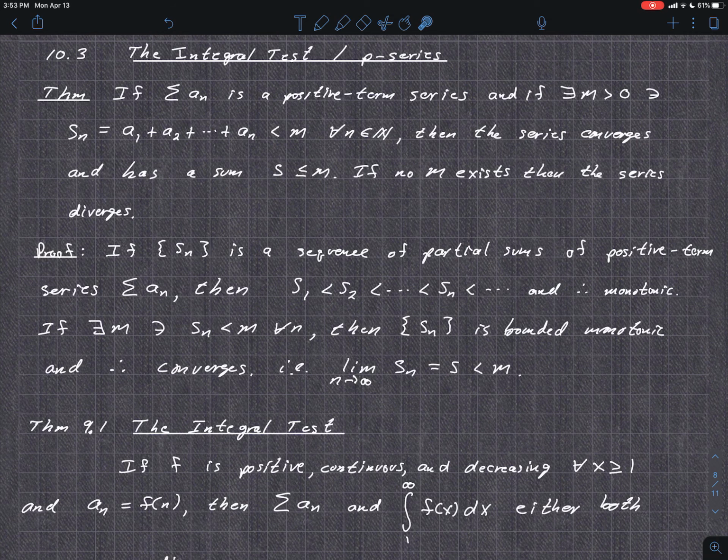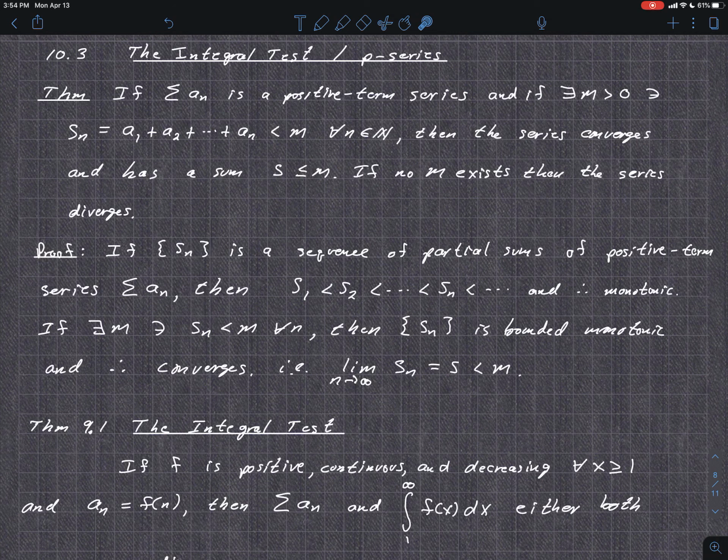If S sub n is a sequence of partial sums of a positive term series, then S sub 1 is less than S sub 2, etc. When you're making those sums, remember it's a positive term series, so when you add up terms, it's going to increase. And then it's monotonic.